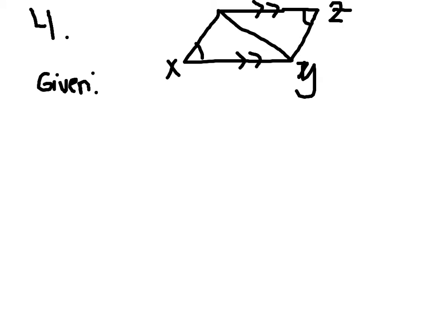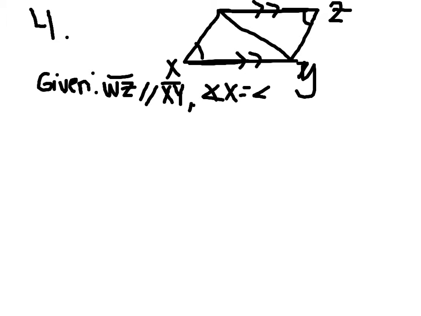You're given that WZ is parallel to XY, and we can see that right here. WZ is parallel to XY. They gave us that information. They also said that angle X is equal to angle Z. And I see that information right here and right here. Just because it's parallel does not mean it's equal. And I hope that we have really gotten the difference between those two things.